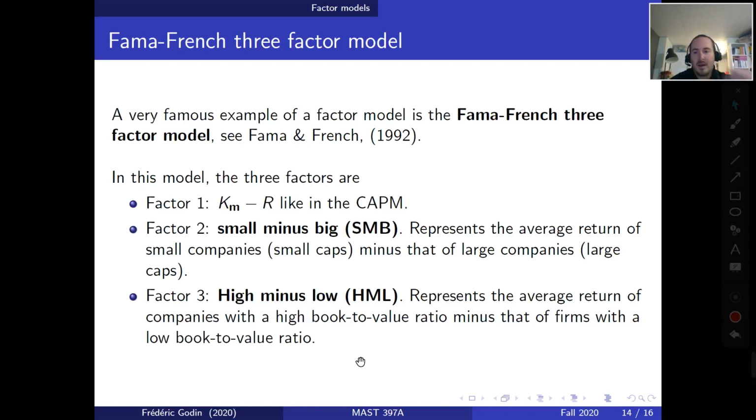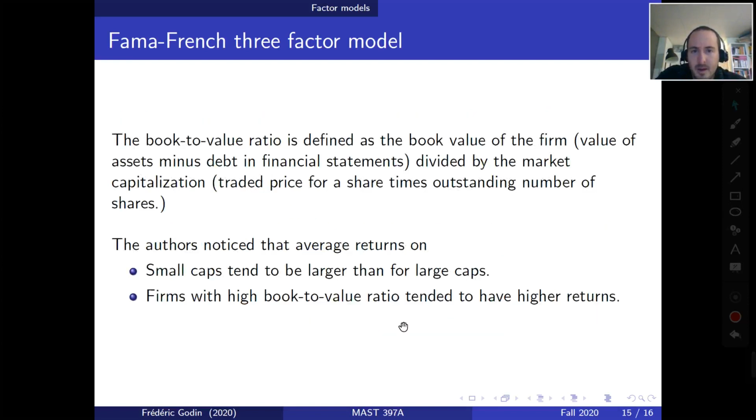These are the three factors in the Fama-French model, but next we shall describe their rationale. Why small minus big? Why high minus low?